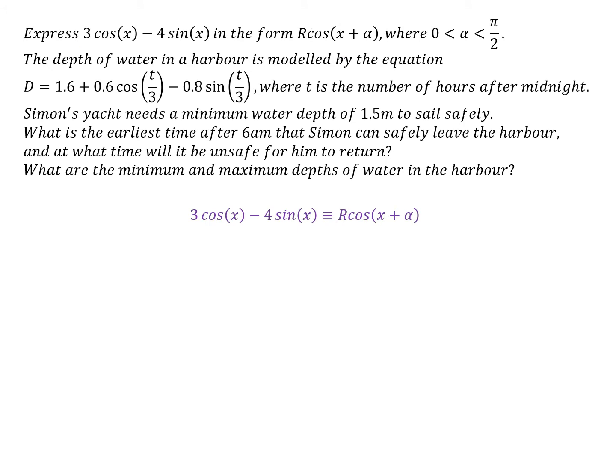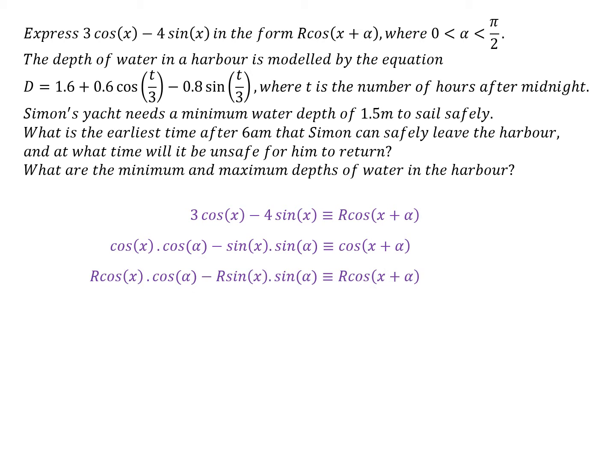So we're trying to express 3 cos x minus 4 sin x as an identical function in a slightly different form. Now, cos of x plus alpha on its own, using the compound angle formulae, is cos x cos alpha minus sin x sin alpha.